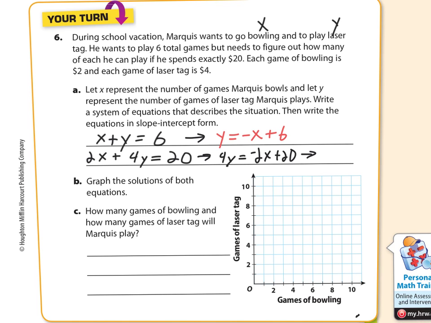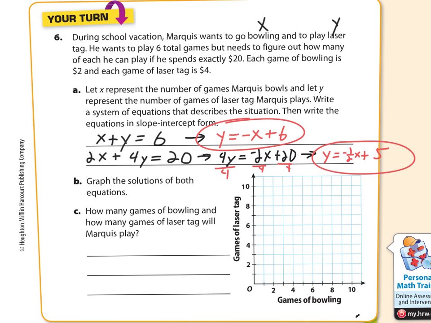So in order to go from 4 y's to 1, I need to divide every single thing on here by 4. Because 4y divided by 4 is 1y. Negative 2 divided by 4 is just negative 1/2. 20 divided by 4 is 5. So here's my 2 equations.